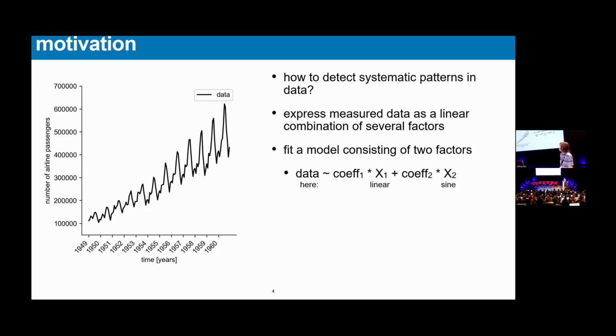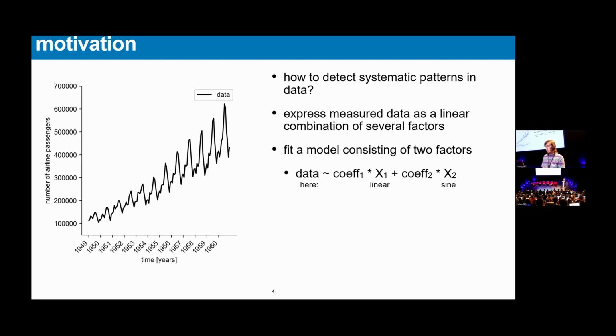So for instance, look at this example data that has nothing to do with EEG: it's airline passengers per year. Maybe you can think that this data would be modeled quite well by a linear growth pattern and something that is cyclical.